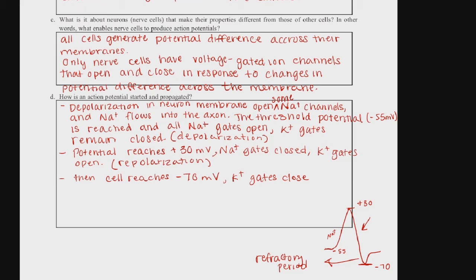When they're inactivated, so I'm going to say specifically with sodium, it's inactivated, the gates close. The cell is insensitive to depolarization. It cannot be depolarized. It can't make another action potential.